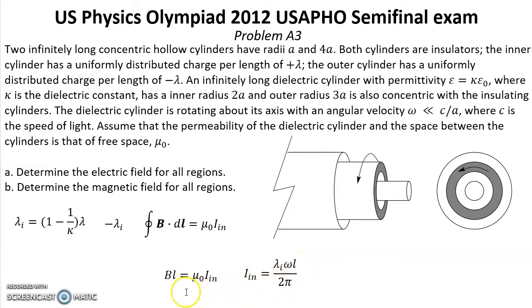Now we can calculate the magnetic field inside the dielectric. And finally we have the magnetic field inside of this dielectric equal to this expression, and outside it's equal to 0.